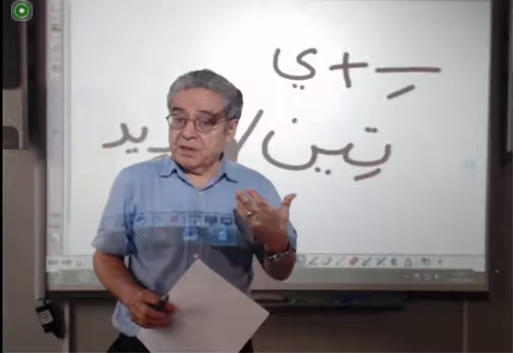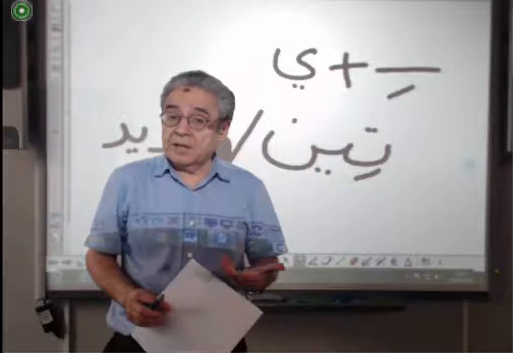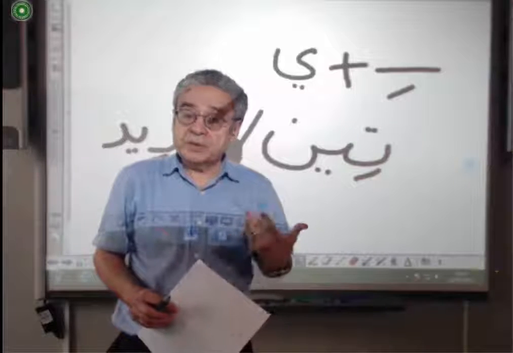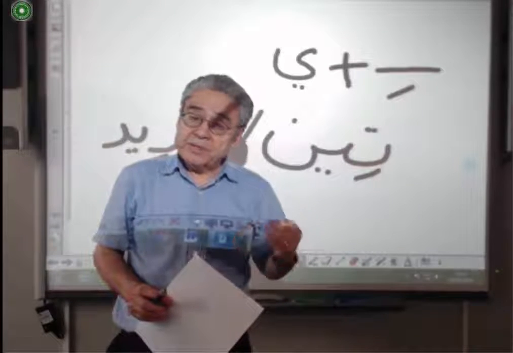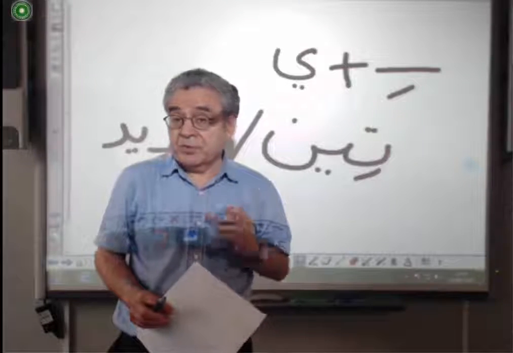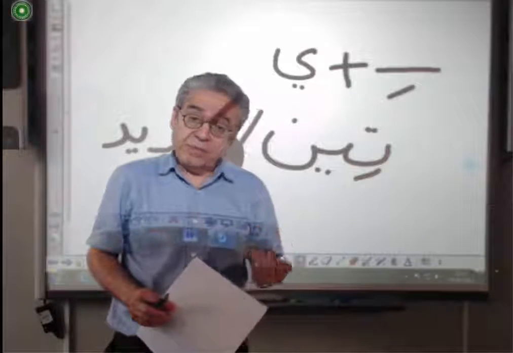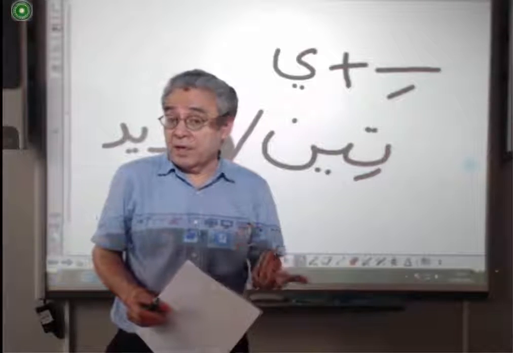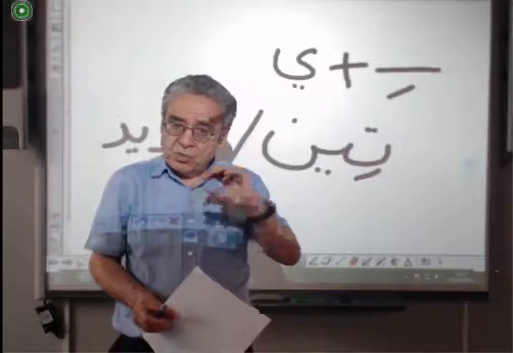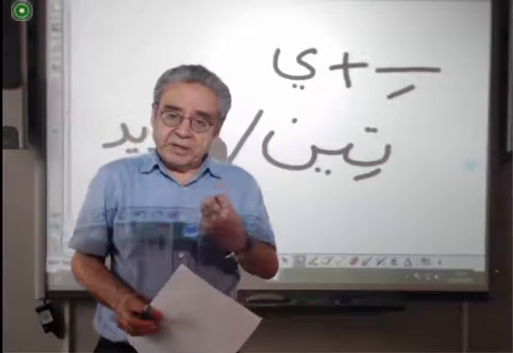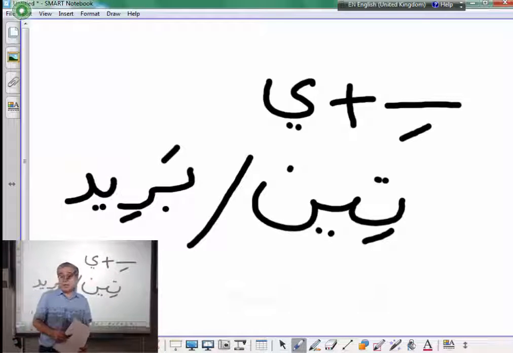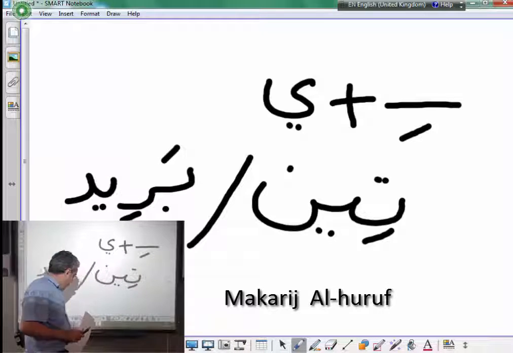Some letters you are familiar with, like T, maybe like R, maybe Ba, while there are some other letters which need to be pronounced differently because you are not familiar with them. So we are going to have a quick look at all these letters and where they are emitted from. And that's what you call it in Arabic, makharij al-huruf.